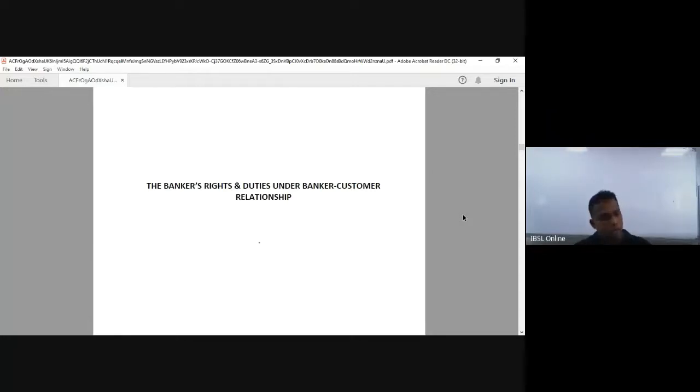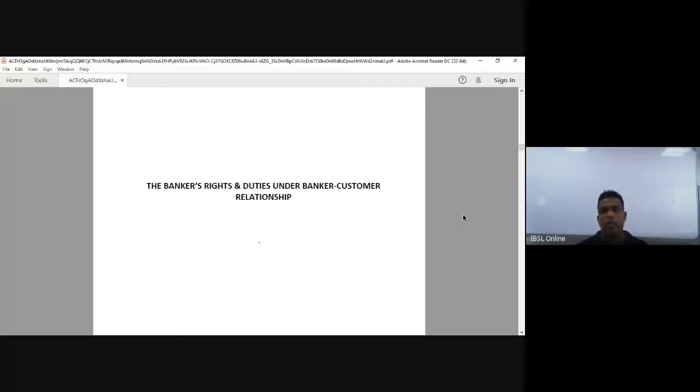We have two parties in the relationship: on one side the bank, on the other side the customer. One party has duties and responsibilities for the other party, so we have to study both sides. Now we'll take one side first, that is, the bank side.